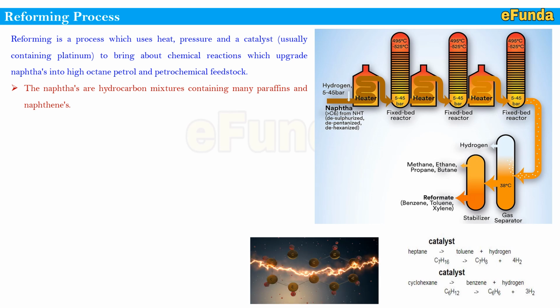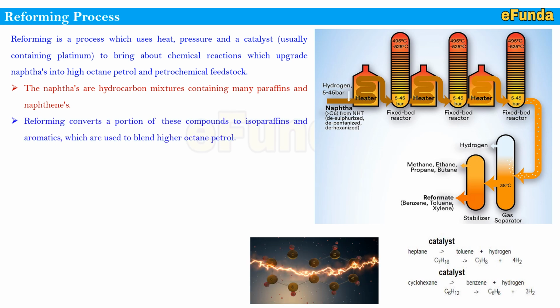In many countries, this naphtha feedstock comes from the crude oil distillation or catalytic cracking processes, but in some overseas countries, it also comes from the thermal cracking and hydrocracking processes. Reforming converts a portion of these compounds to isoparaffins and aromatics, which are used to blend higher octane petrol.